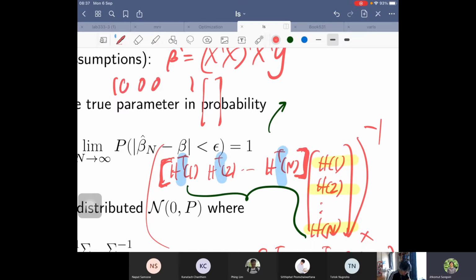How do you compute these two? It's going to be h_1 transpose and h_1, and then h_2 transpose h_2. What is the operation when you say and then?